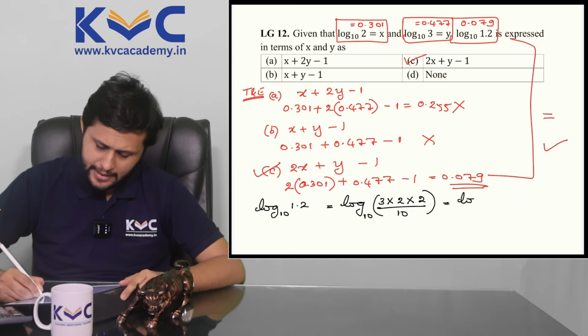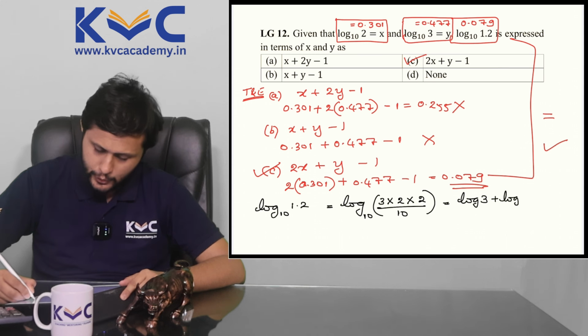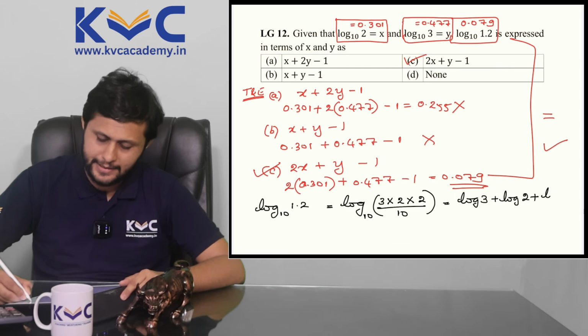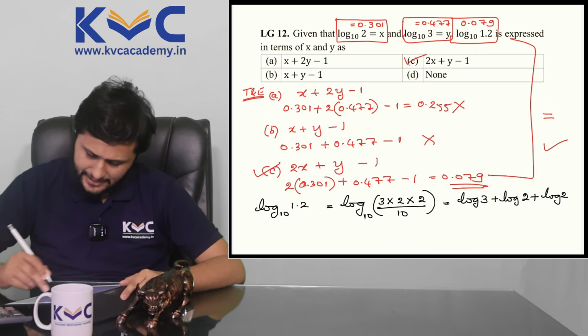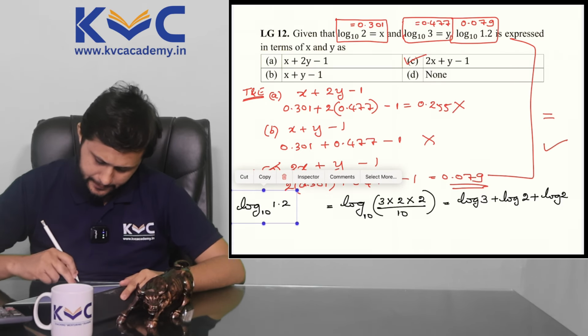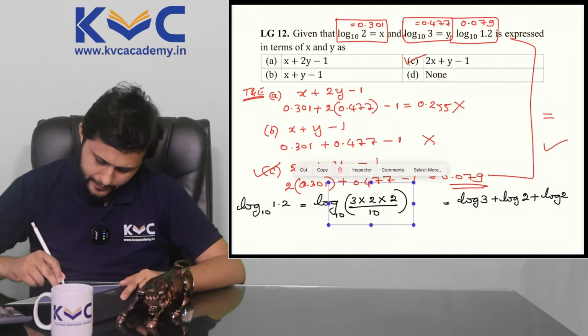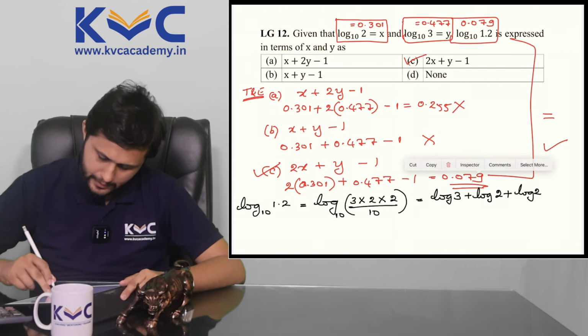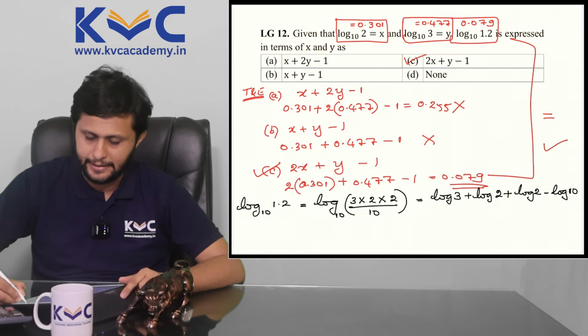Now if I have to expand this, I can write this as log 3 plus log 2 plus log 2 minus, because of division, log 10.